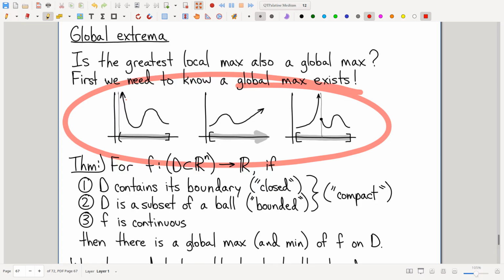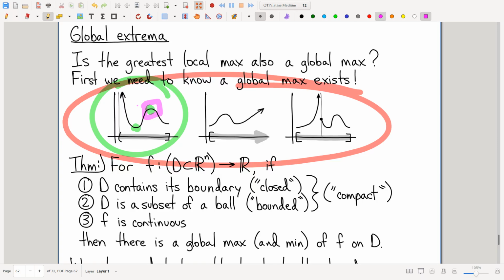For example, if you were to play this game with this function, and of course now my stylus dies, there's a critical point there and a critical point there. This is the highest of my 2 critical points.